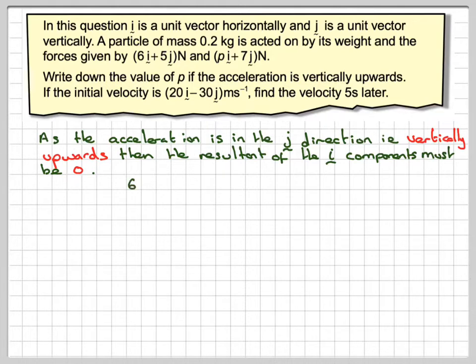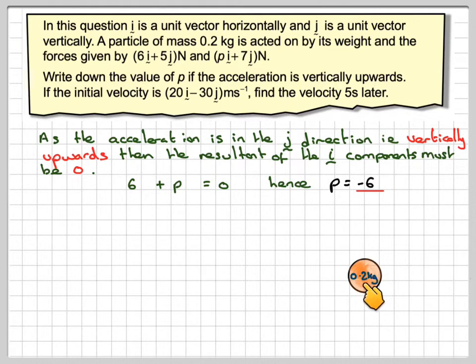So if we take the i components, we've got 6 plus p. There's no i component of the weight, so 6 plus p must be equal to 0, therefore p must be equal to minus 6.